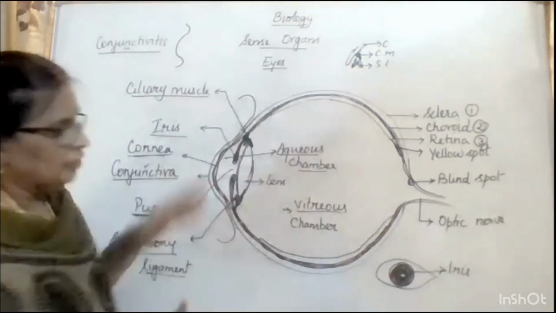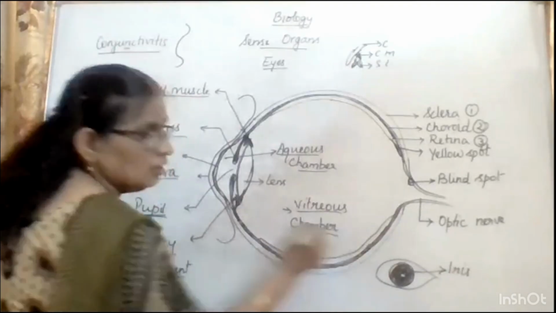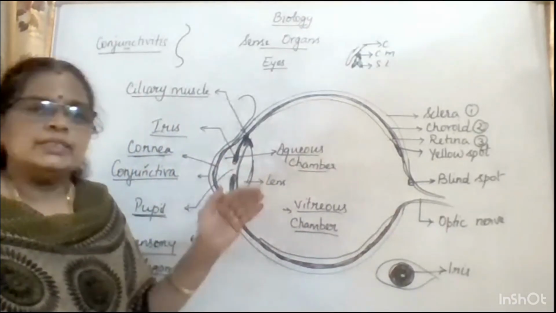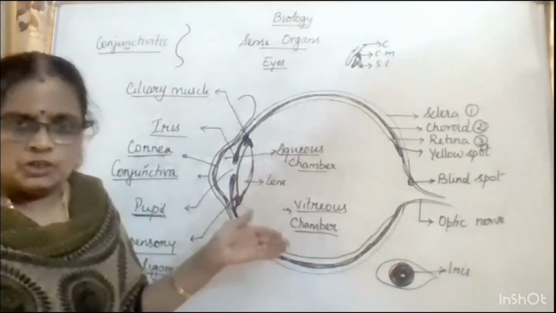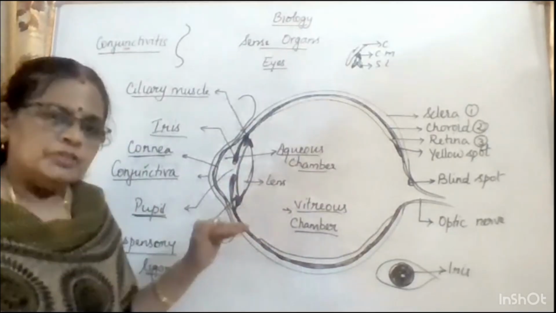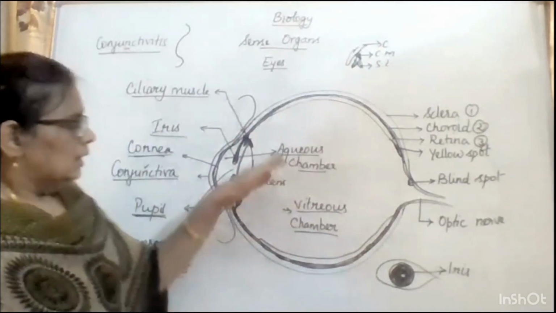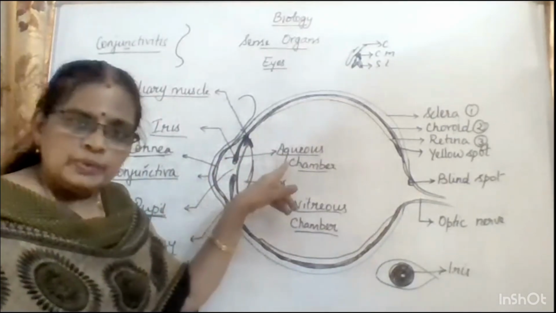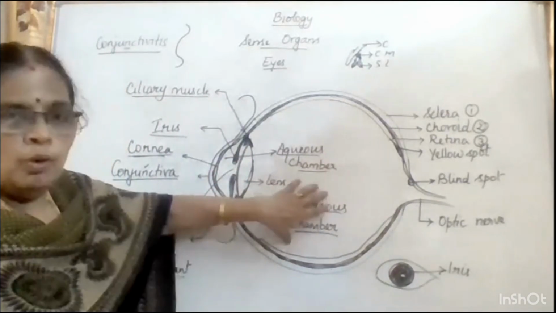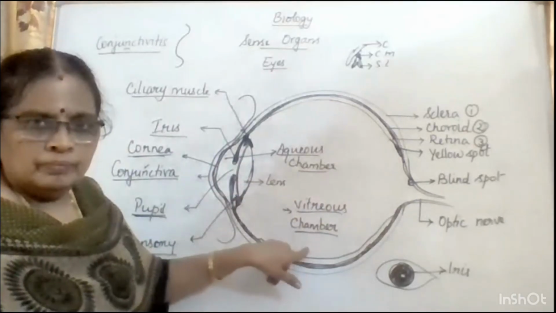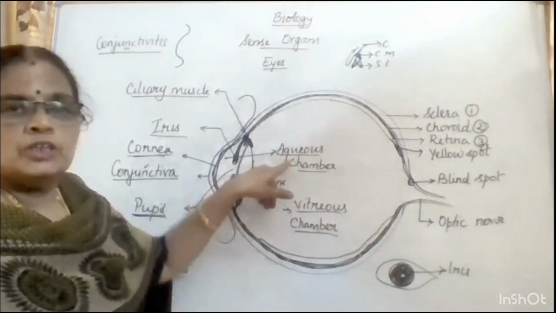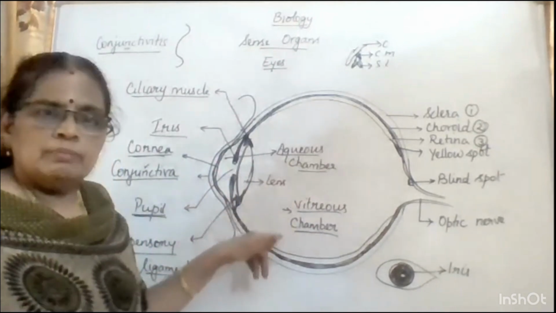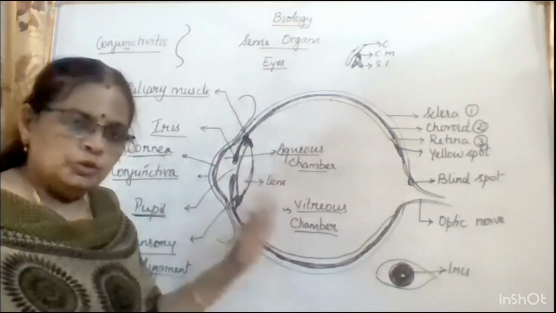This region is called the vitreous chamber. The region between cornea and lens is the aqueous chamber, and this ball is the vitreous chamber. The aqueous chamber is filled with aqueous humor. The vitreous chamber is filled with vitreous humor.